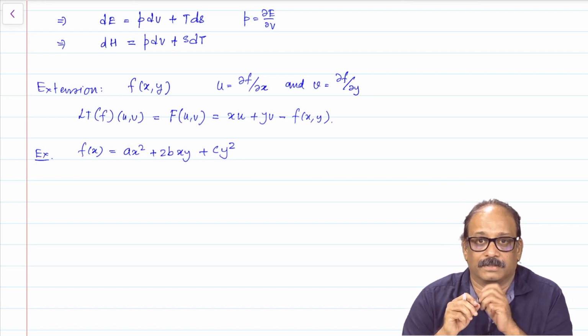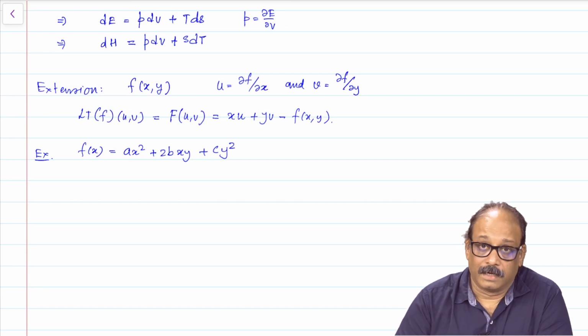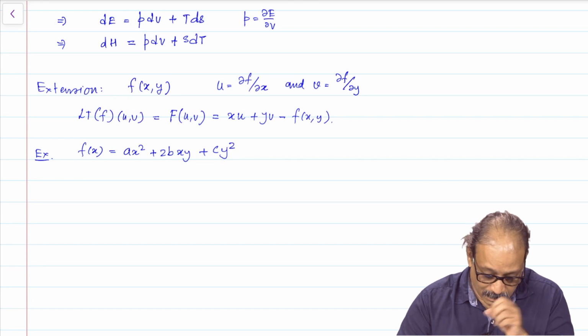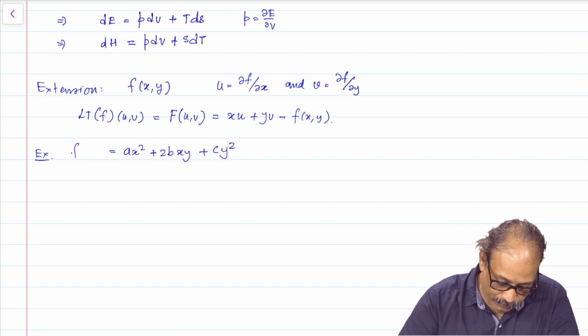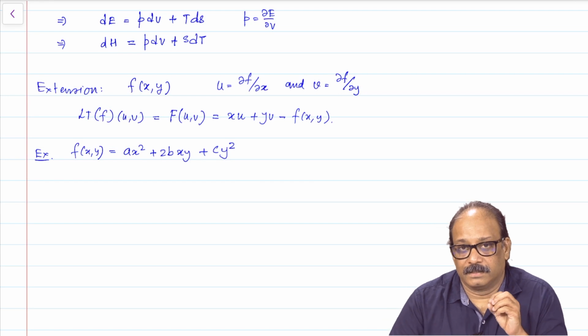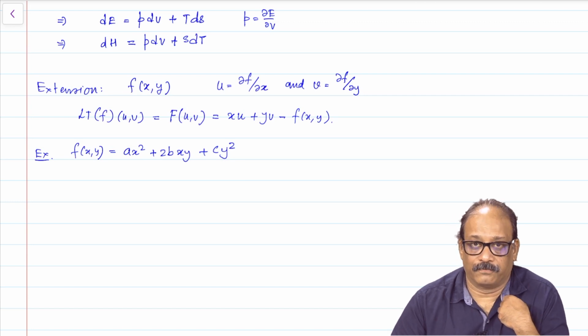How will I define the notion of convex functions here? So, what you do is this. Remember, of course, there are two variables there. So, when I take the partial derivatives of the second order, how many derivatives do I get? I get 4 of those.